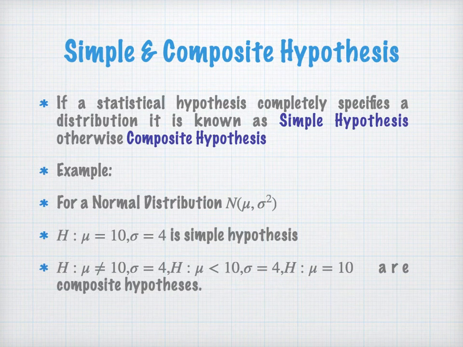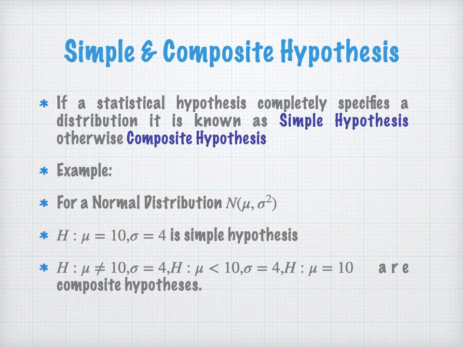So for a hypothesis to be simple, we need to know the parameters. If the parameter is given, or if the simple hypothesis is given, we know everything about the distribution. For example, for a normal distribution we have two parameters, mu and sigma square.